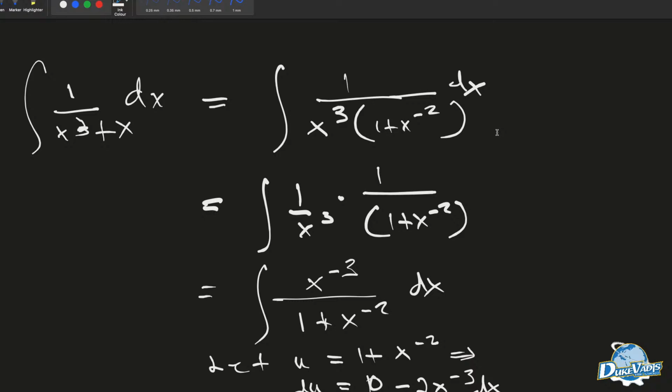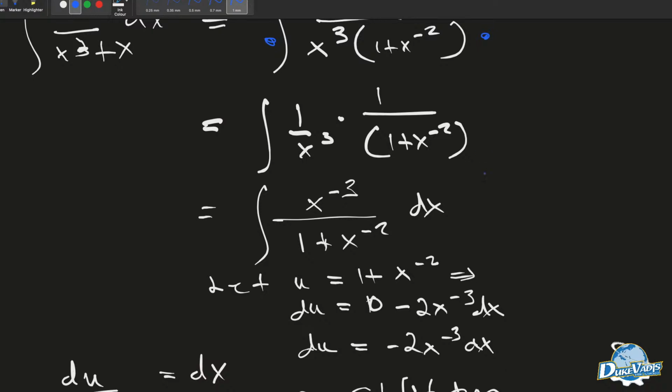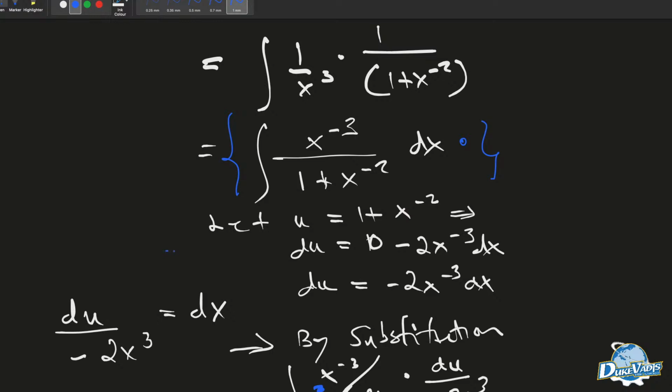When we pull the x cubed out of this equation, we can say that this equation is 1 over x cubed into bracket 1 plus x raised to the power negative 2. So when we simplify, we end up writing this equation as x raised to the power negative 3 over 1 plus x raised to the power negative 2. So we'll do substitution over here.